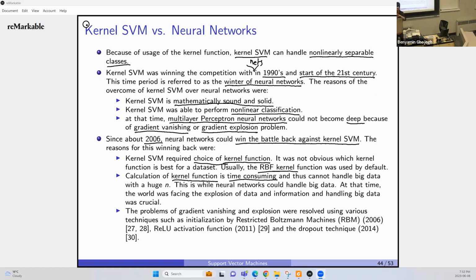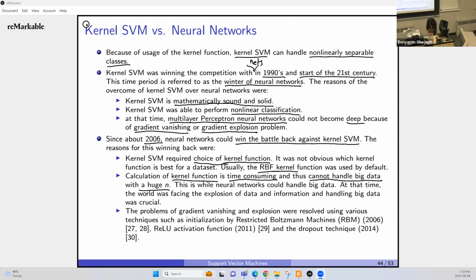But still, although it is symmetric, its time complexity, I think, becomes O(n²), if n is the number of data points. So O(n²) is large. If you have big data and n is large, it's too hard to compute the kernel function. Okay, so it thus cannot handle big data with huge n.